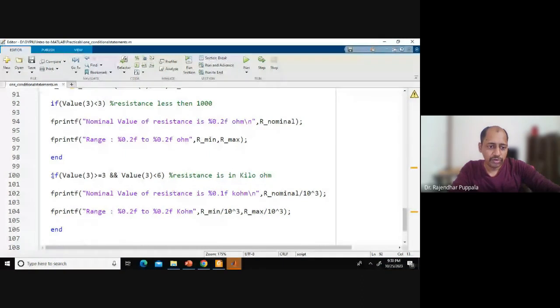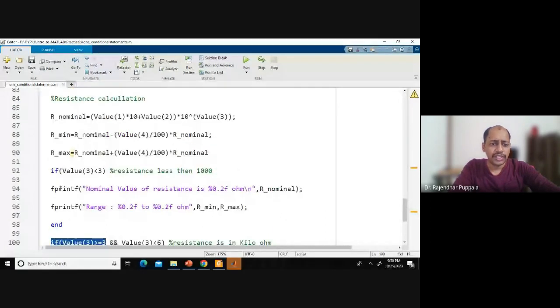So if value 3 is less than or equal to 3, I'm starting from here, sorry. If value 3 is less than 3, fprintf the nominal here. And for the range, fprintf range is equal to R minimum and maximum.